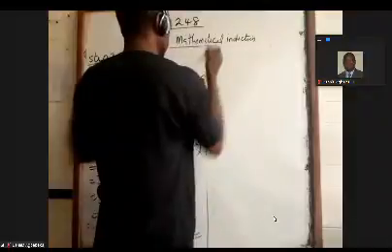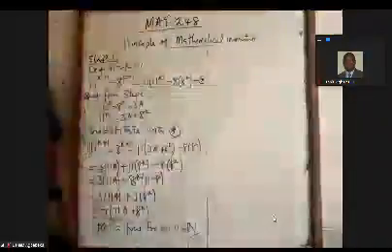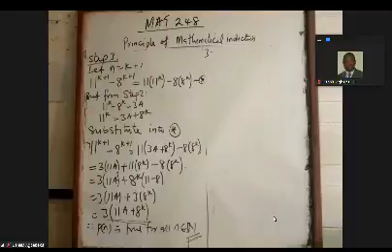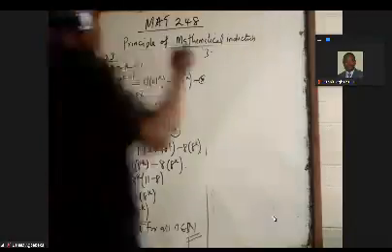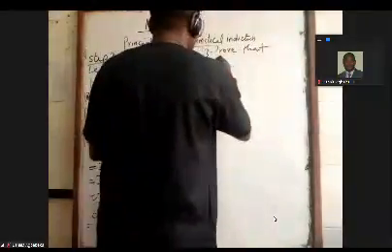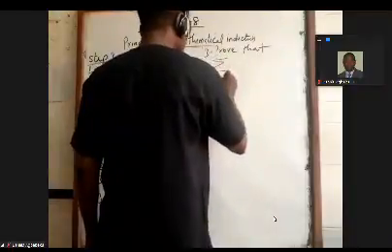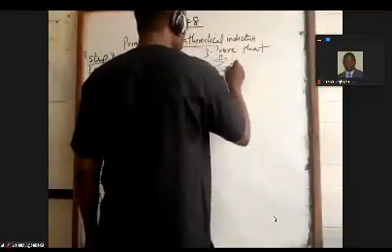Now, the proof. As usual, we start from the left-hand side. So, step 1. For n equal to 1, so what happened? Left-hand side is summation i equal to 1 of i squared, which is just 1 squared, which is 1.